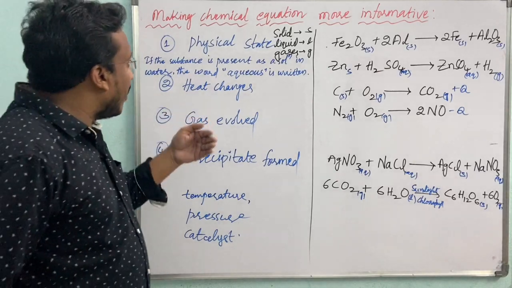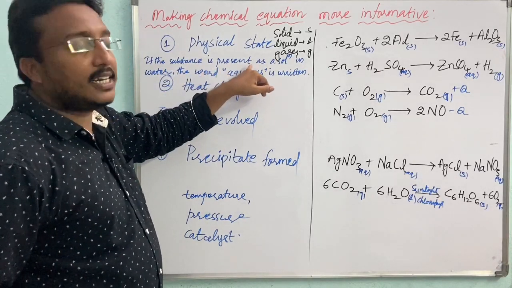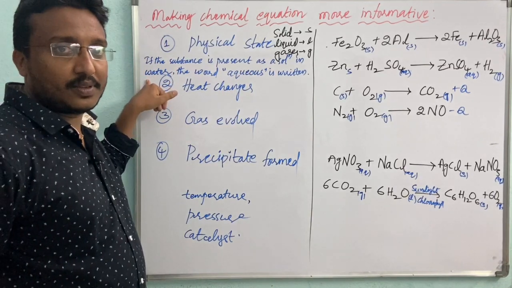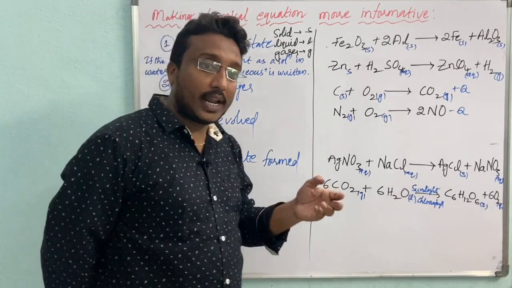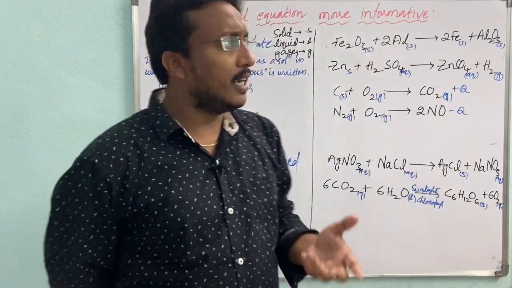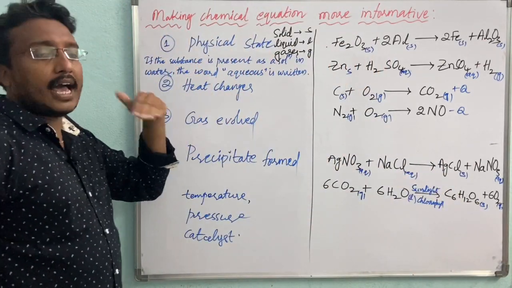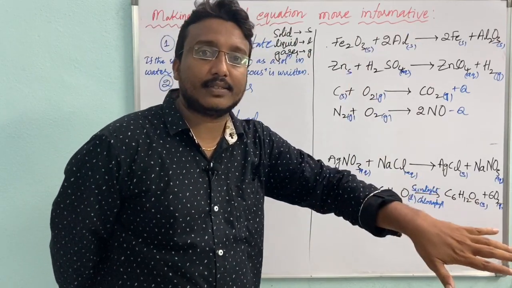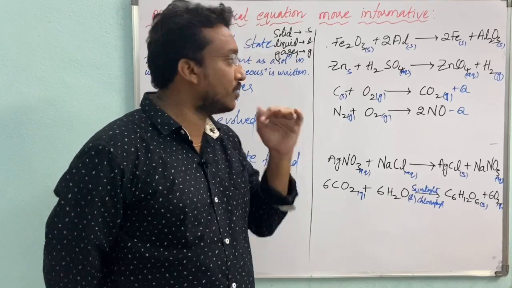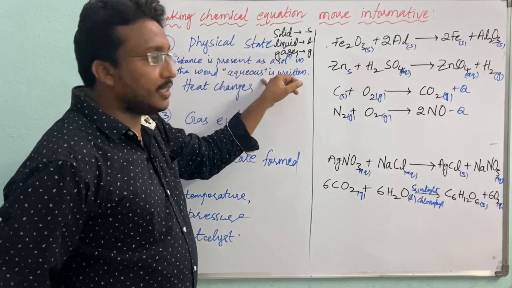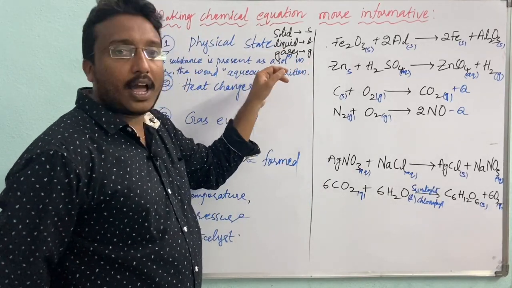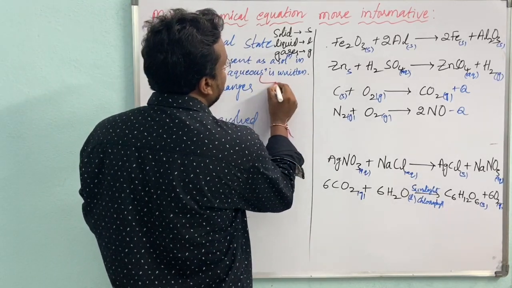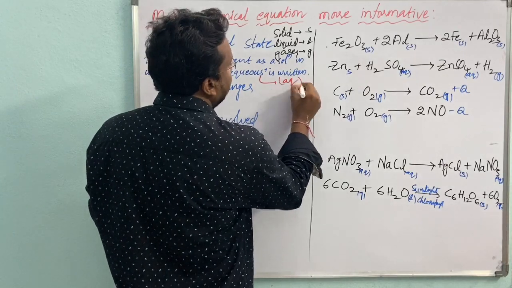If the substances are present as a solution in water, that is called an aqueous solution. Aqueous solution means the substance is present as a solution in water. The solution is made by water, with most of the quantity being water, so it is called aqueous. The symbol for aqueous is AQ.